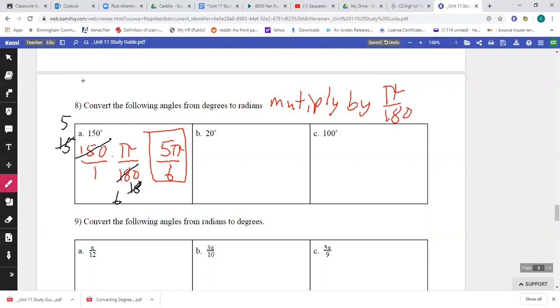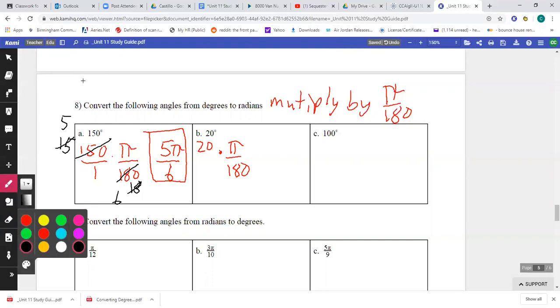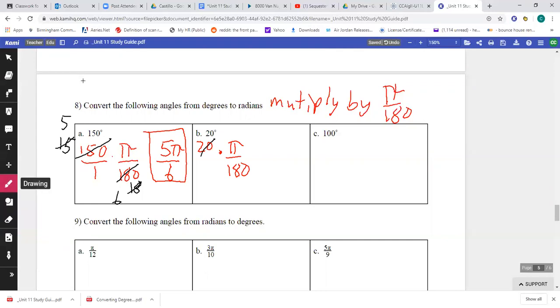Okay, once again, I'm going to show you 20 degrees. I multiply by pi over 180. They both end in a 0, so I could divide by 10. This becomes 2, this becomes 18. And then the 2 and the 18, I could simplify again. 2 goes into 2 1 time, and 2 goes into 18 9 times.